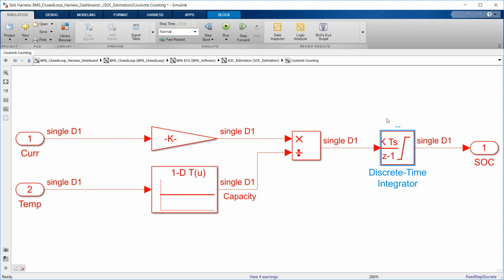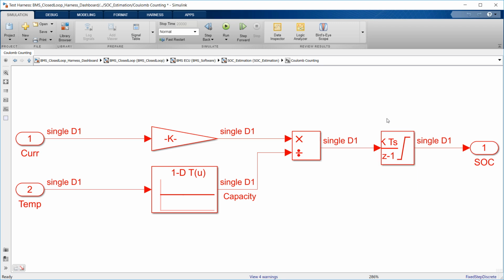A benefit of this method is its simplicity and very low computational cost. Its drawbacks include the accumulation of current sensor error and its inability to recover from an erroneous initial condition because of the lack of feedback from voltage measurements.